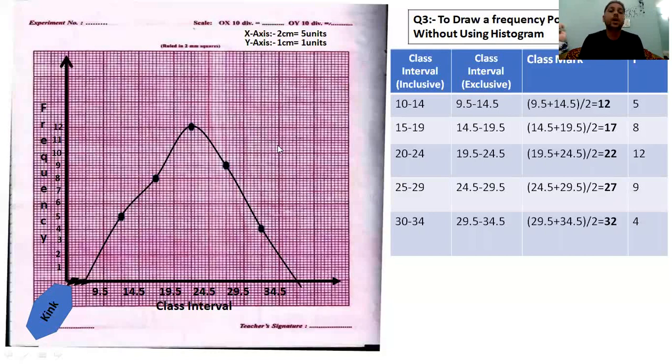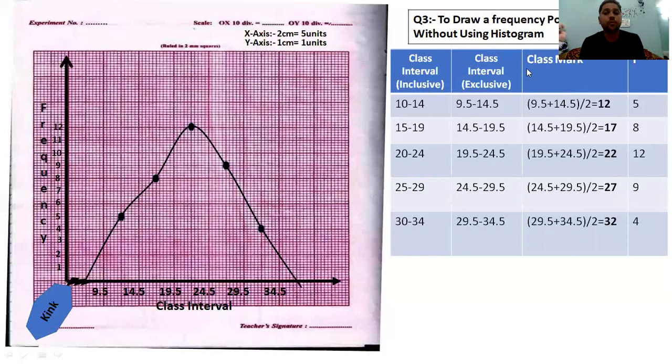This is the way you can create a frequency polygon with and without a histogram. The main difference is that whenever you draw a frequency polygon without using a histogram, you have to find the class mark.